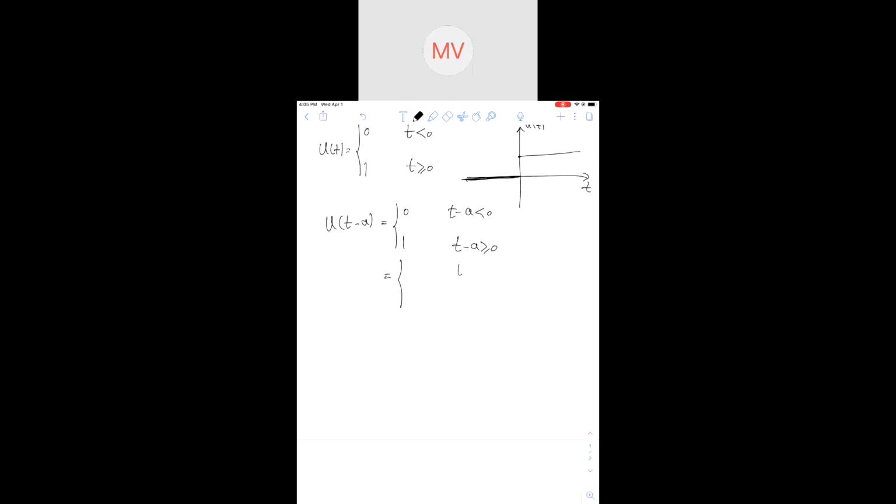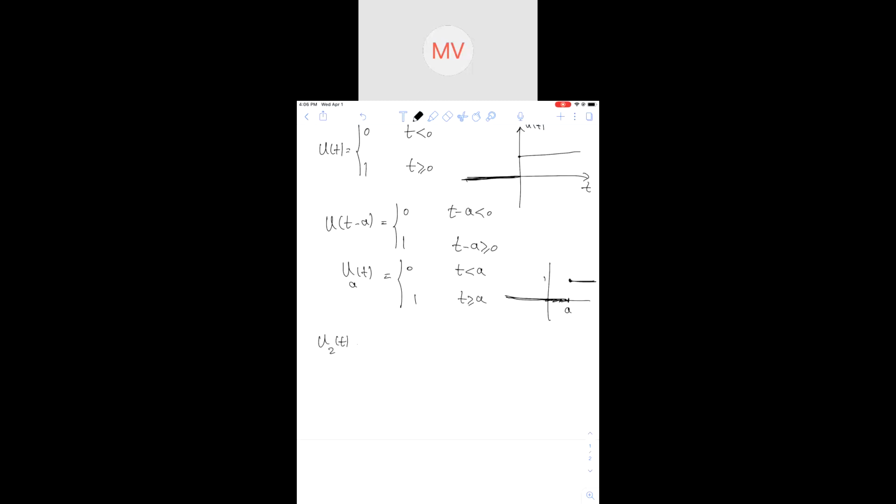Basically, this means if t is less than a, it's 0, and if t is bigger than or equal to a, it's 1. They use a certain notation, like u sub a of t. It has this graph: if t is bigger than or equal to a, it's 1, and for less than a, it's 0.